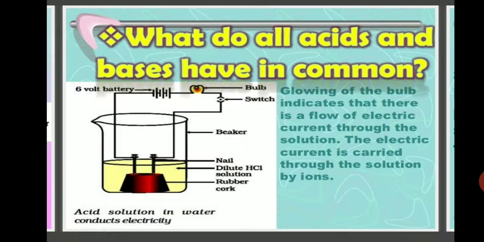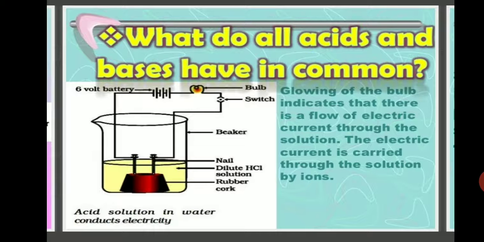Understood? This is the same case for base. If we add base into this beaker, what happens? Bases produce OH minus ion. We will discuss later. So we have discussed that the acidic nature of all the acids is due to the presence of H plus ion.